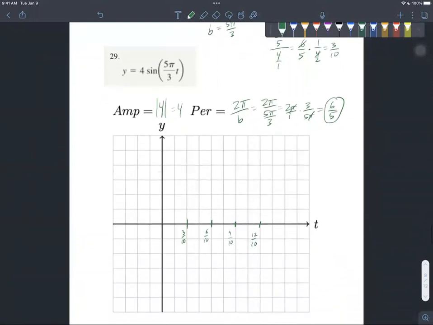All right, the amplitude of 4 means we should go 1, 2, 3, 4. This time we'll give them whole unit designations in the vertical direction: negative 1, negative 2, negative 3, and negative 4.